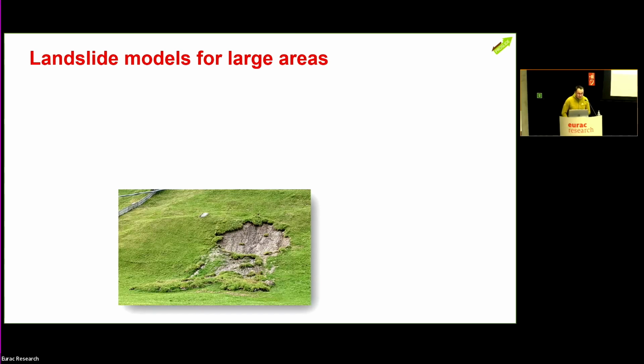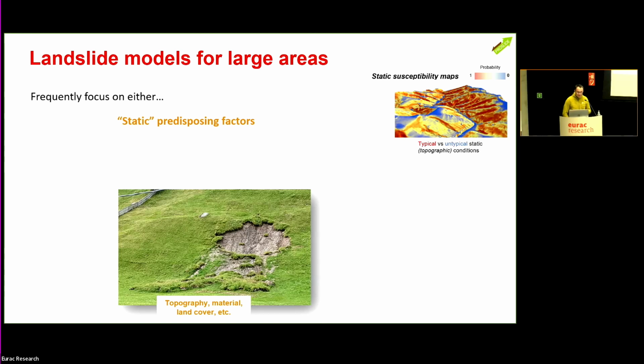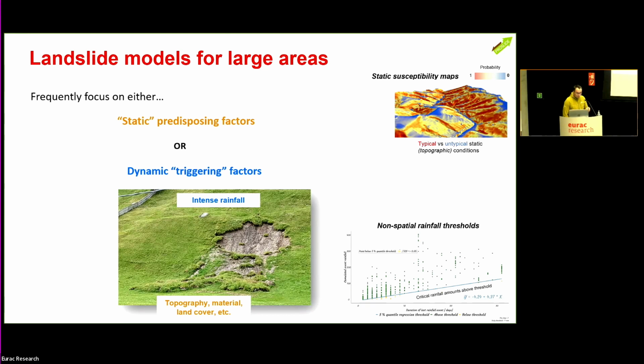Yeah, if we have a look at the literature, we see that the landslide models for large areas usually focus either exclusively on the static predisposing factors, so to produce such sort of susceptibility map, which includes topography, material properties, land cover, or exclusively on the dynamic triggering factor.